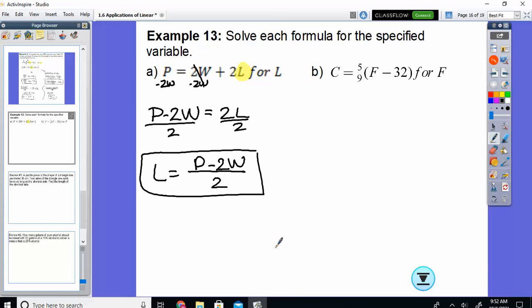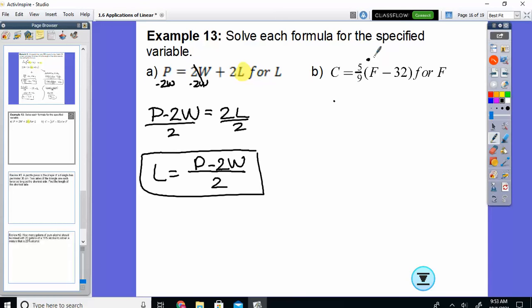Next one. I want to solve this for F. Have that 5 or 5/9 in front. What could you do to get rid of that? You can distribute. Or multiply by the reciprocal and move it to the other side. Do you guys have a preference?